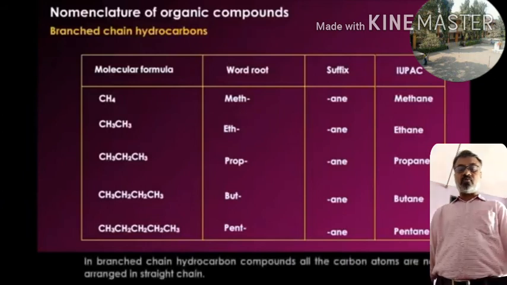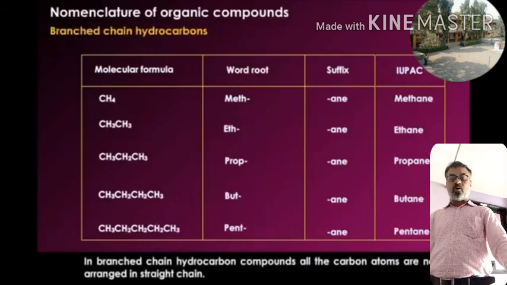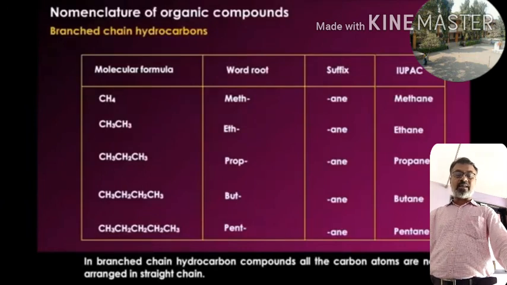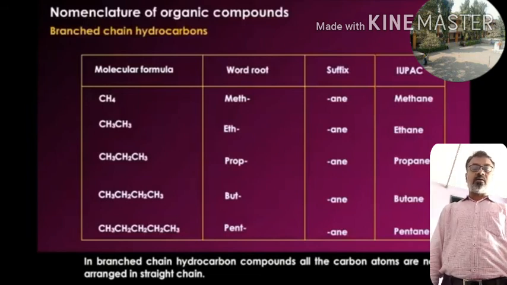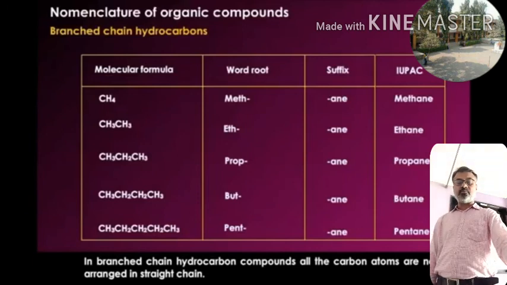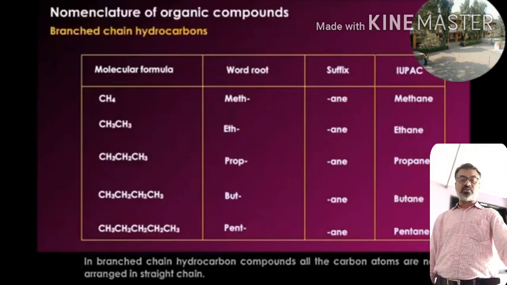In a branched chain hydrocarbon compound, all the carbon atoms are not arranged in a straight chain. Some carbons are arranged beside the carbon skeleton. That is called a branch chain.